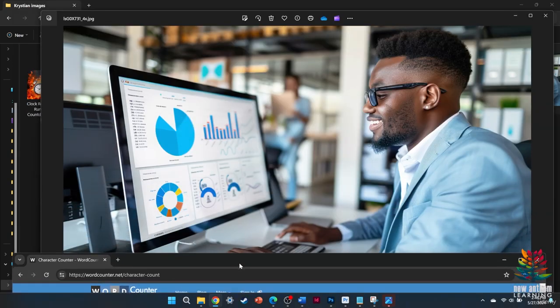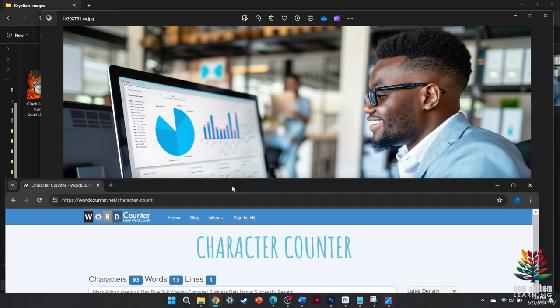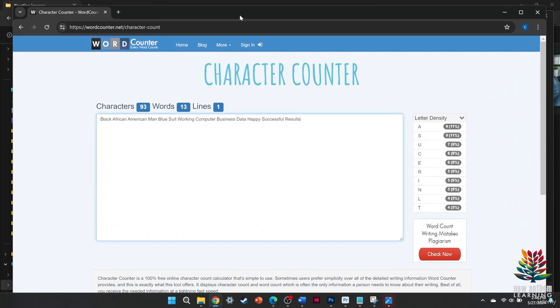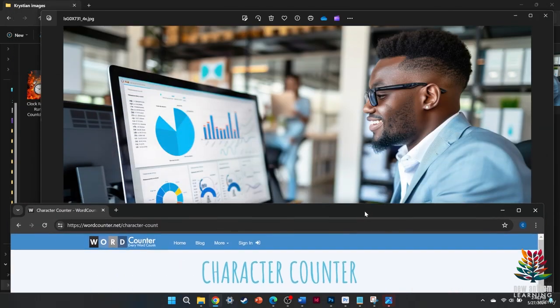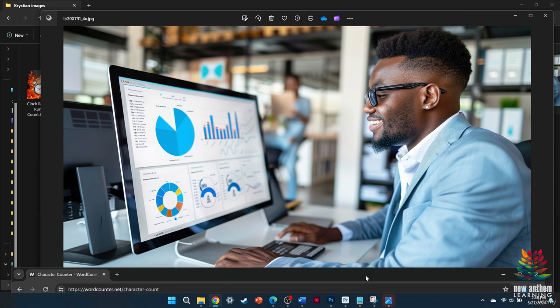The fact that he's wearing a blue suit. Is that something that a customer is going to be searching? Definitely good to have in the keywords list, but if I'm going to be taking something out of these words in the title, blue suit might be the thing that goes. Working computer, business data, happy, successful results. He's definitely happy. I like to include emotion or how somebody is feeling about the activity in the image.